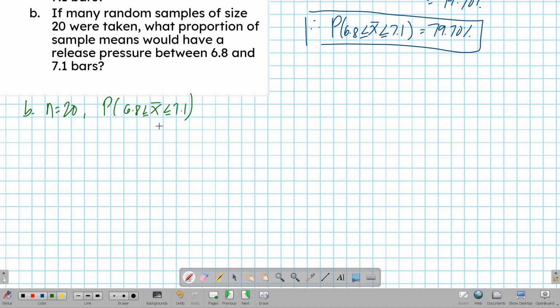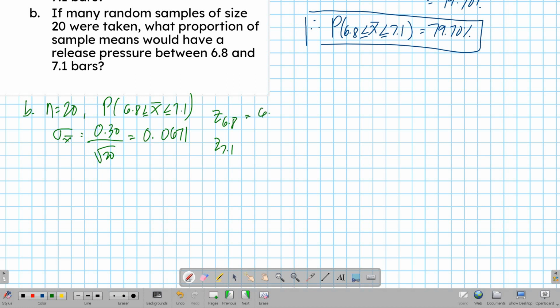So first, we compute the standard error. The standard error for this would be the population standard deviation 0.30 over the square root of the sample size, which is 20. Therefore, rounded to 4 decimal places, we get 0.0671. Now, with this, we can compute the z-scores of 6.8 and 7.1 again, which would be different because now we have a different standard error to use.